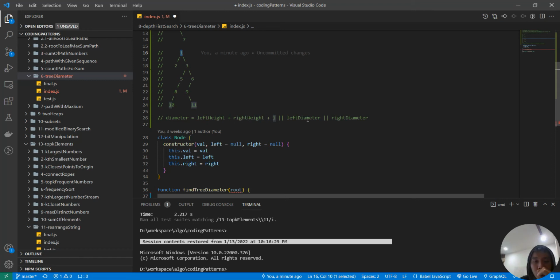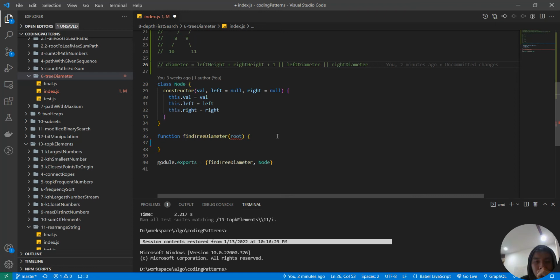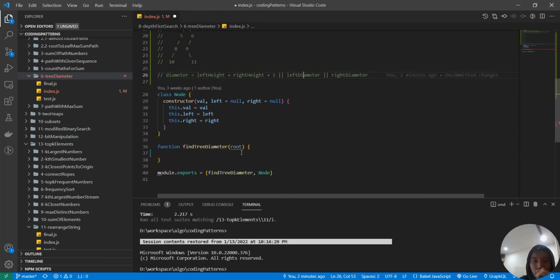Here is the left height and left diameter.